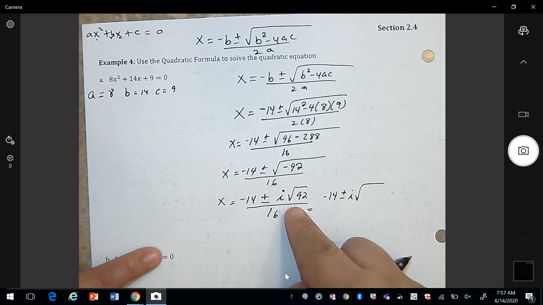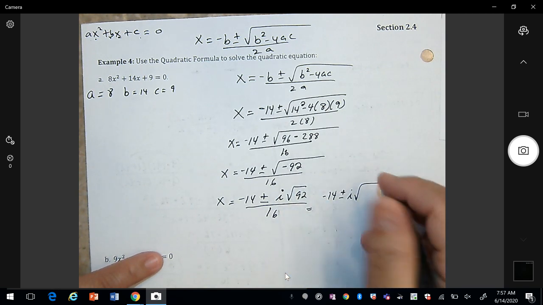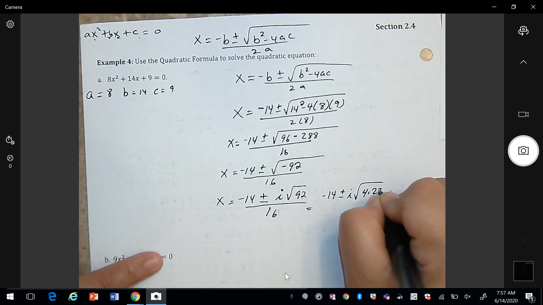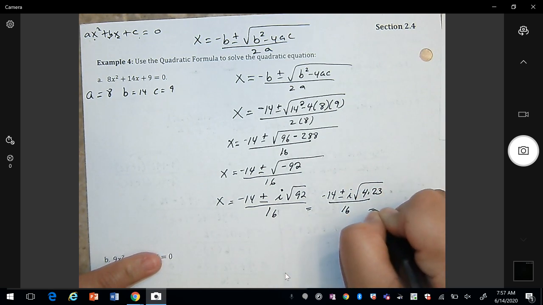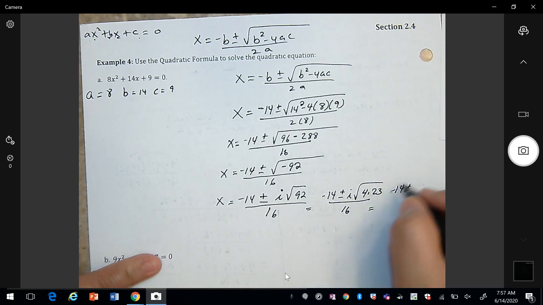So I can try 3. 3 doesn't divide 92, so if I try 4, 92 divided by 4 would be 23. So that's going to work, 4 times 23. So the square root of 4 comes out as a 2.